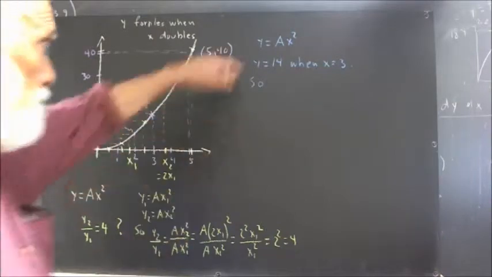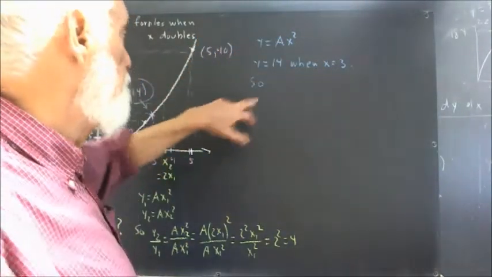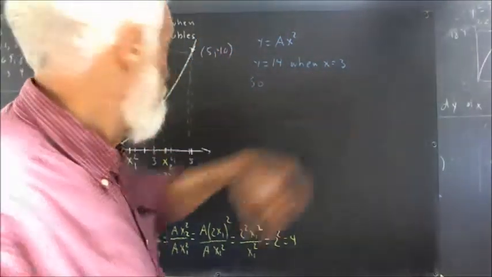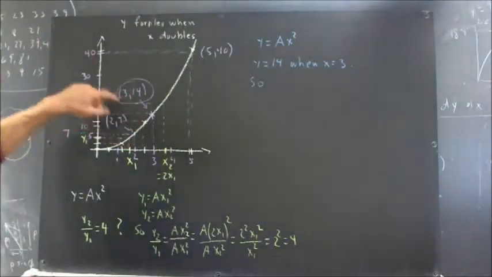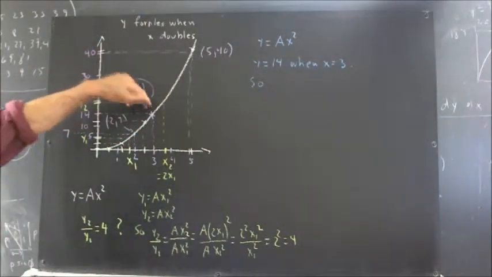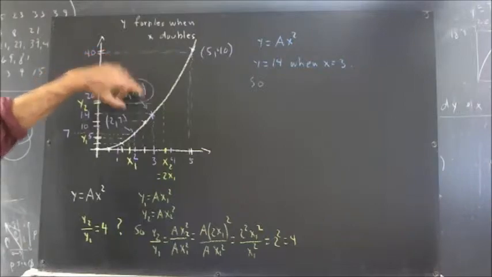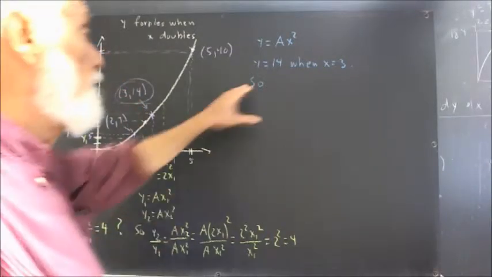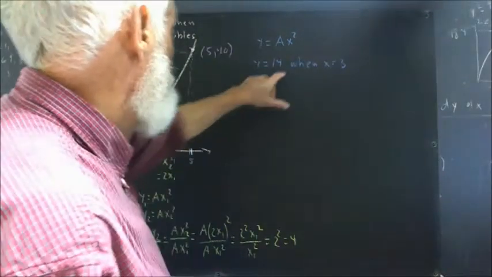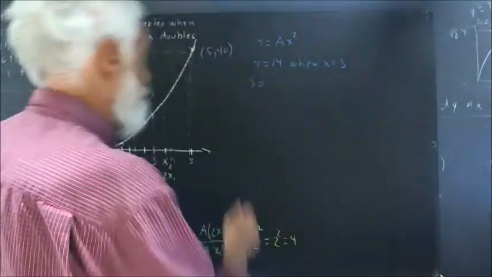Okay, our function is y equals ax squared, and now we know y is 14 when x equals 3. That comes from the premise that the point 3, 14 lies on our graph. So what? Well, we plug in y equals 14 and x equals 3.